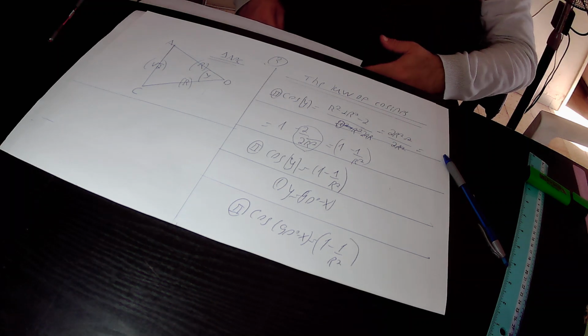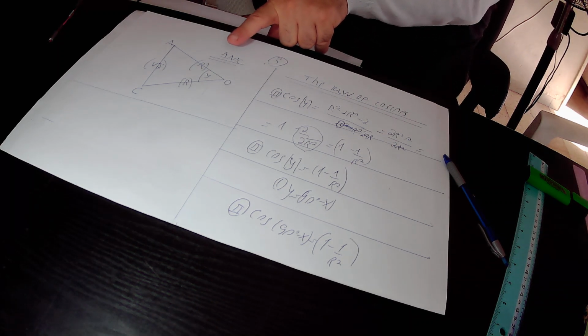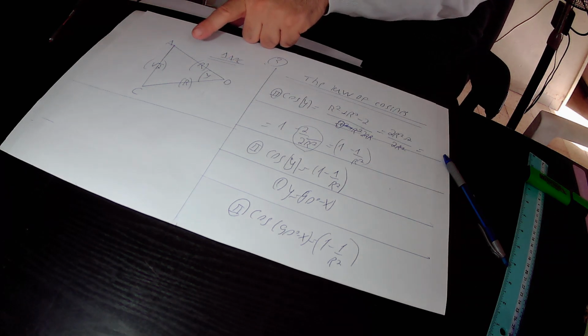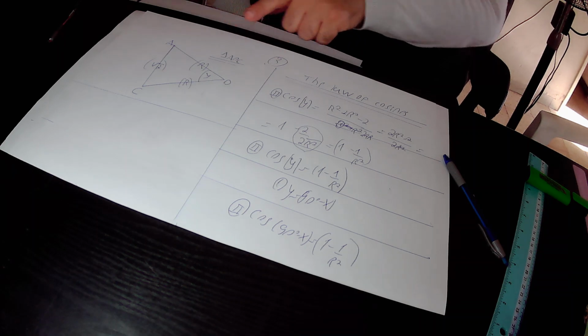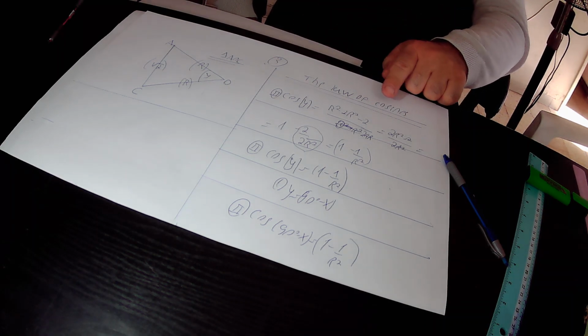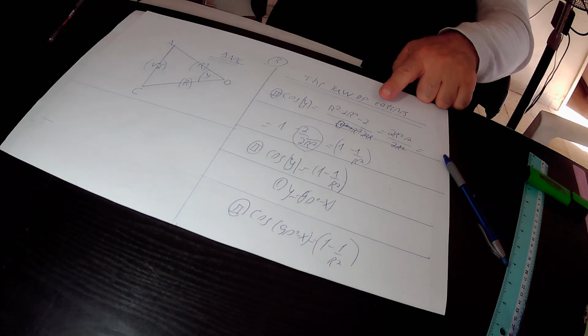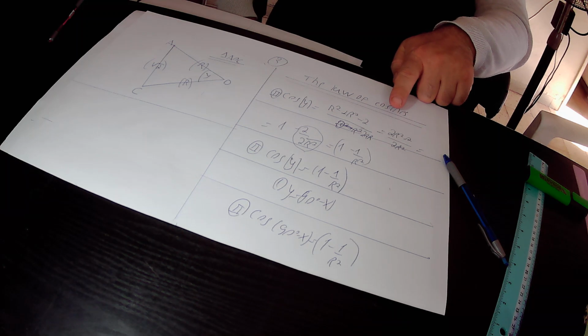According to the law of cosines in triangle AOC, cosine y equals R squared plus R squared minus the square root of 2 squared, that is 2, divided by 2 times R times R. R squared plus R squared is 2R squared, so in the numerator we have 2R squared minus 2, divided by 2 times R times R, which is 2R squared.